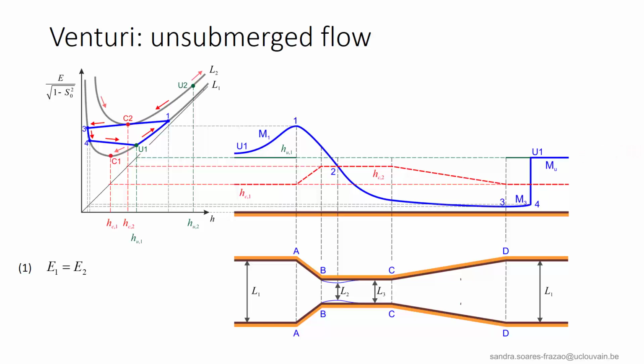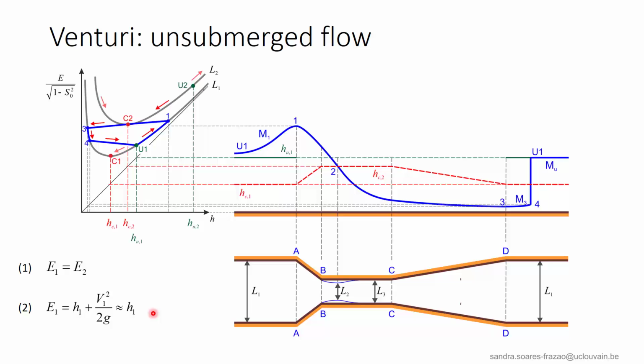We could apply the same procedure as before by measuring H1 and H2. However, in the present case, we know that H2 corresponds to the critical depth here at point 2. So, as we have assumed a horizontal bed and negligible head losses, we can consider that the specific energy E1 at point 1 is equal to the specific energy E2 at point 2.